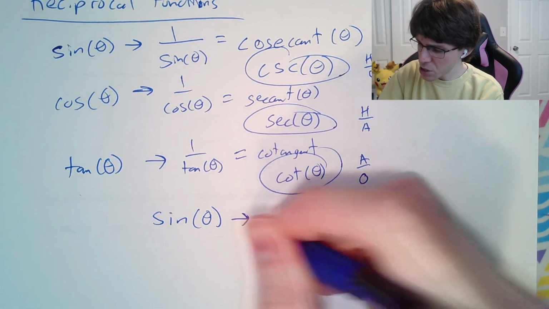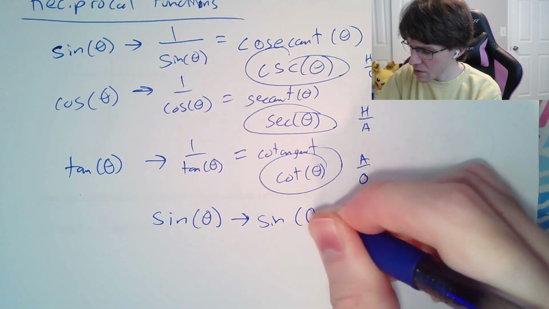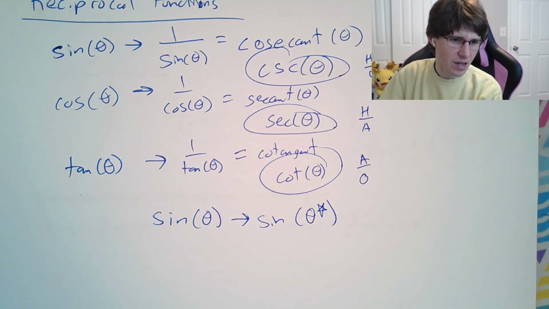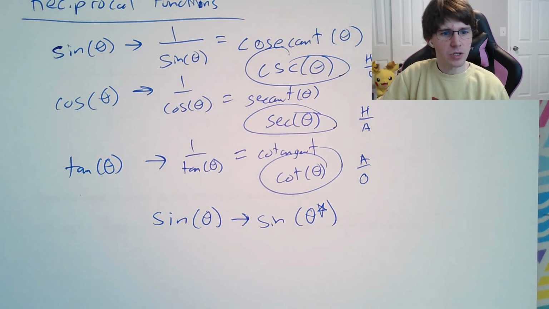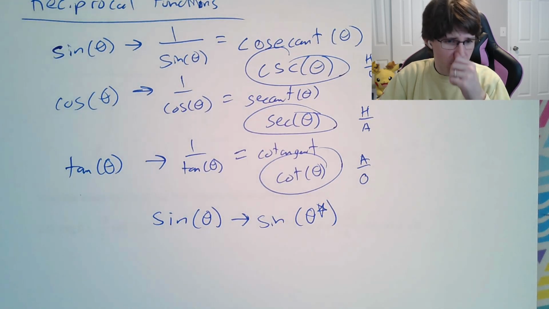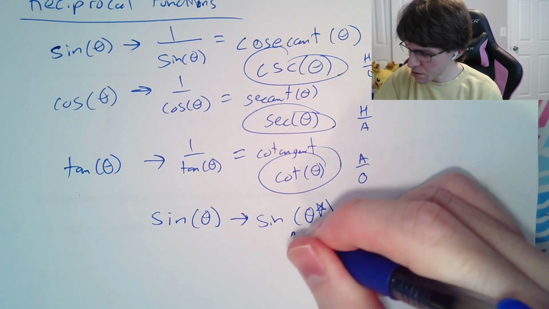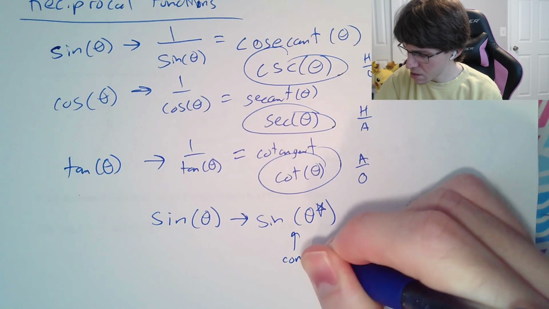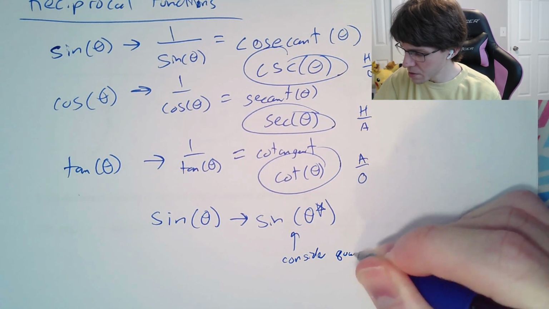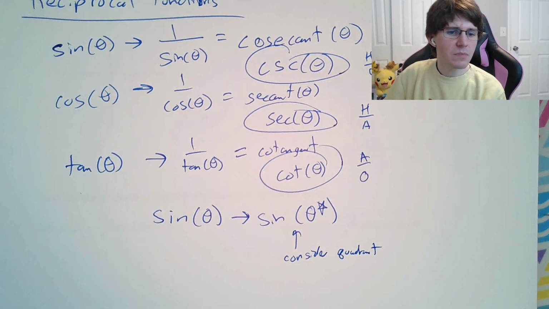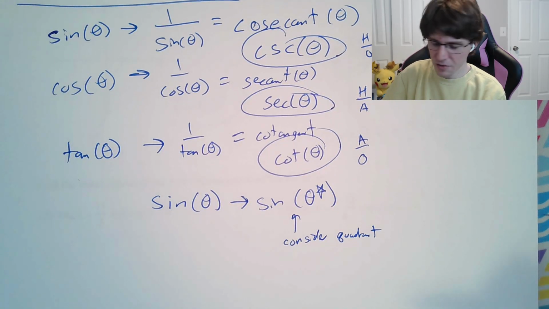We're always going to be doing the sine of the reference angle instead. Every single time, that's what we're going to be doing for all these questions. But we're going to do the sine of the reference angle, but consider the quadrant.